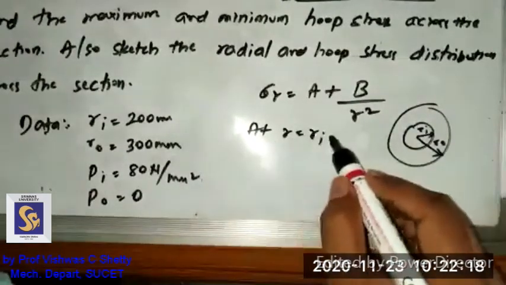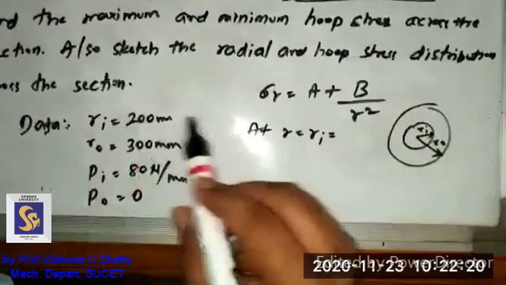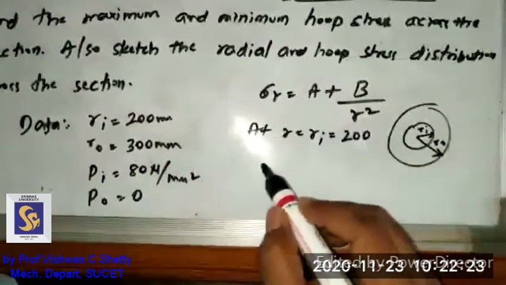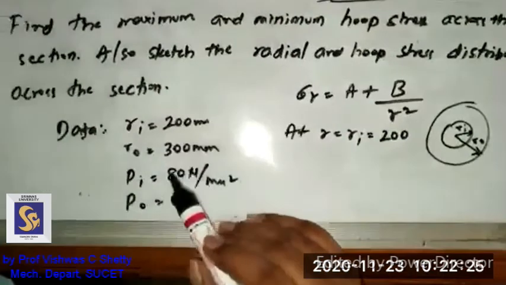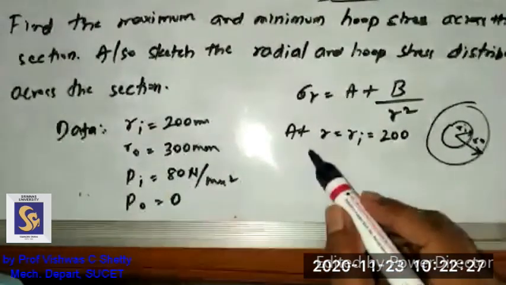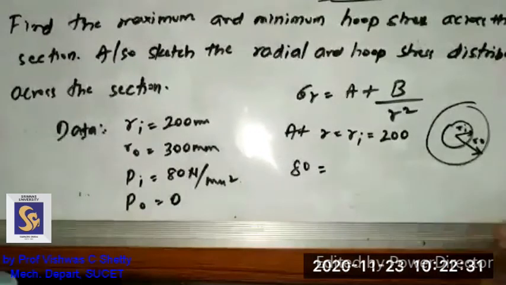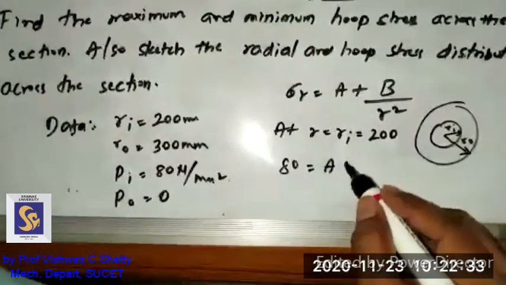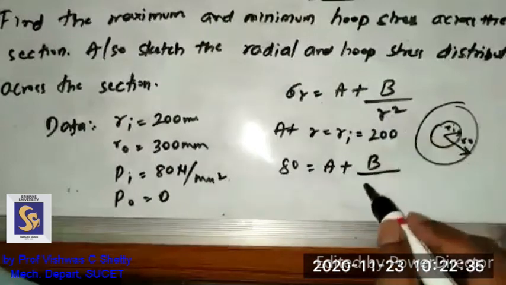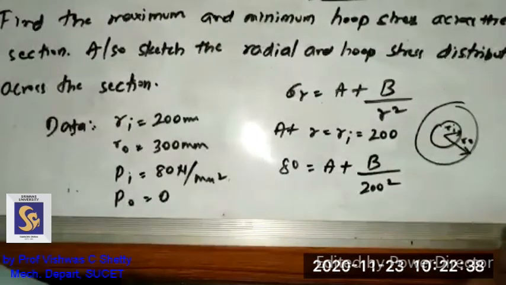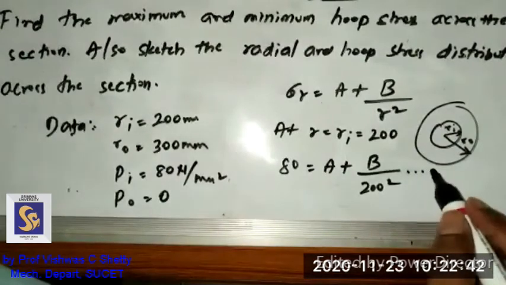So at r equals ri, what is ri here? 200 mm. So at r equals 200 mm, the internal pressure is 80. So sigma r is 80 equals A plus B upon 200 square. This will be equation number 1.